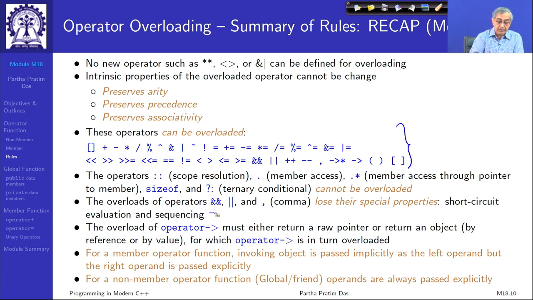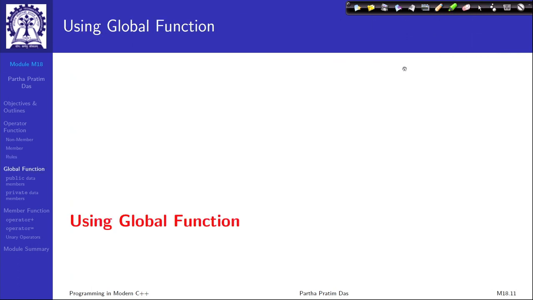Some have a difference in behavior if you overload them in terms of shortcut evaluation or sequencing not working for them, and so on and so forth. We have discussed this. I have included it here just for completeness. If you have doubts, go back to module 9 and listen to that part of the discussion.